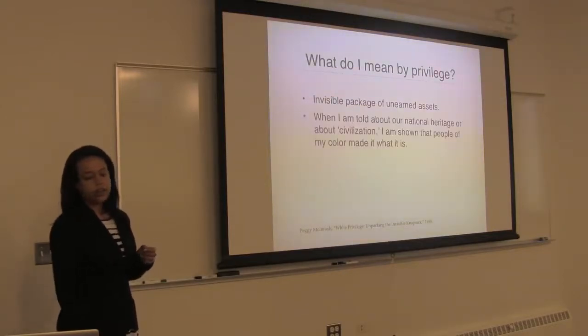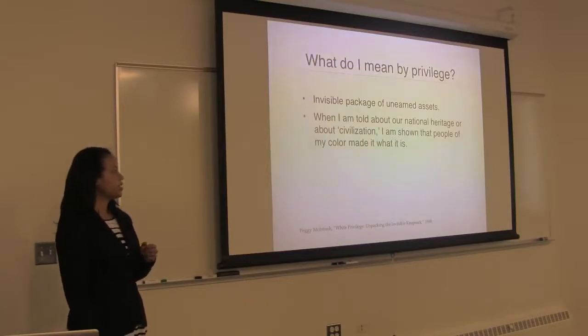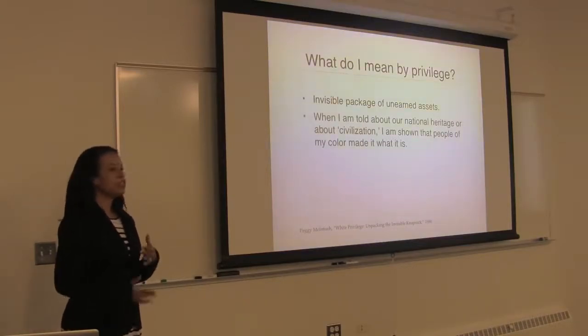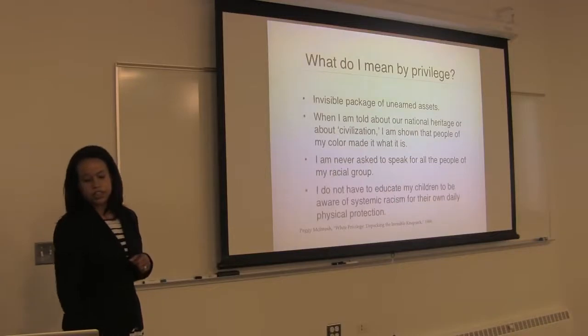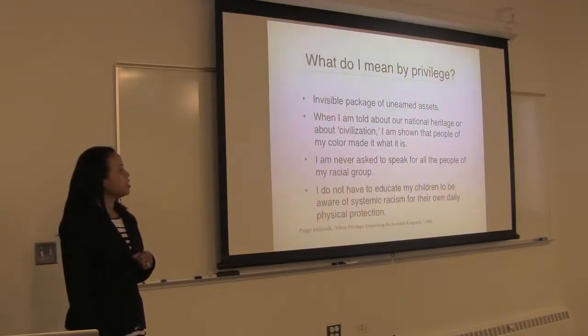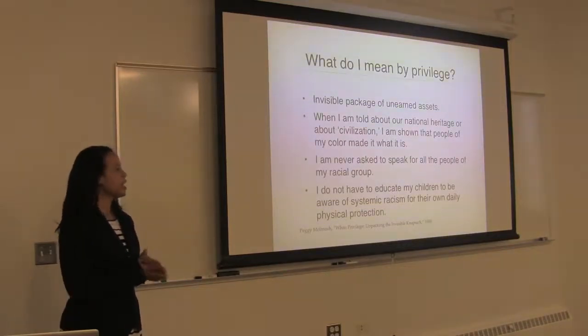And they are: when I am told about our national heritage or about civilization, I am shown that people of my color made it what it is. I am never asked to speak for all of the people of my racial group. And I do not have to educate my children to be aware of systemic racism for their own daily physical protection. And you can see specific examples of that last one in the news all of the time.